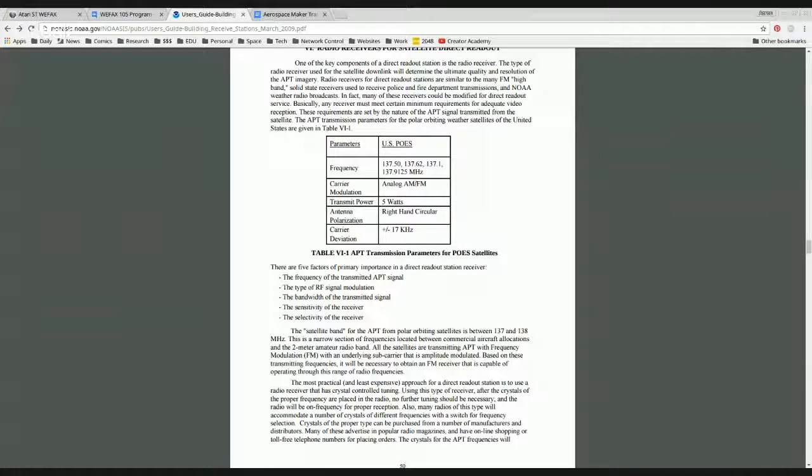The specific signal at 137.1 is an FM signal. The transmit power is 5 watts, and that is something that we really needed to know. Antenna polarization, right-hand circular. And the carrier deviation is plus or minus 17 kilohertz. Now, some of this information is important right now, and others will become important as we start to decode the signal.